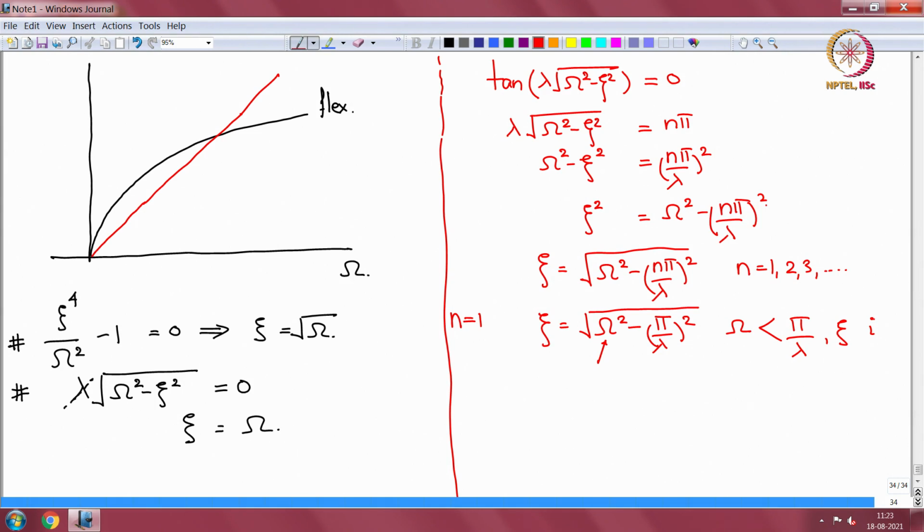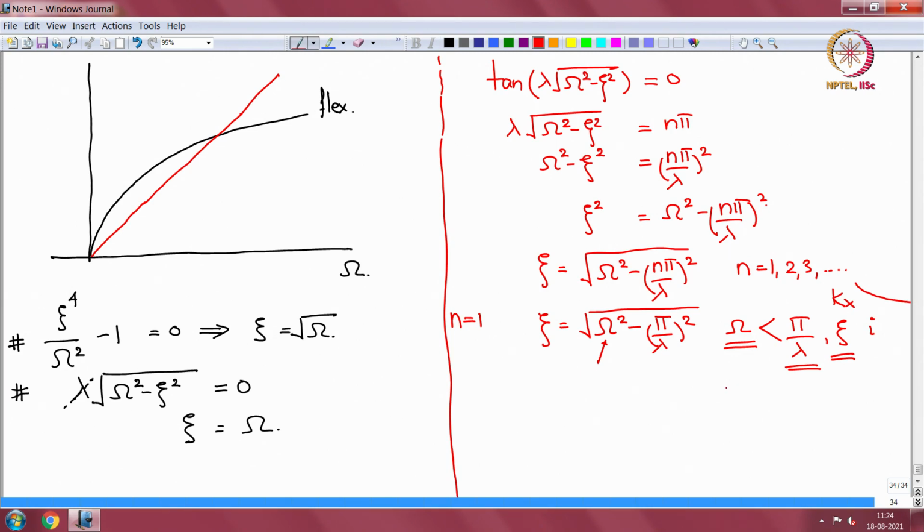So, for the values of the non-dimensional frequency below pi by lambda, xi will decay away. Xi is an axial wave number. The dimensional form is kx. So, in the axial direction it decays away. So, it is not of interest. If it decays away a little distance away, you do not pick it up. So, it is not of interest.